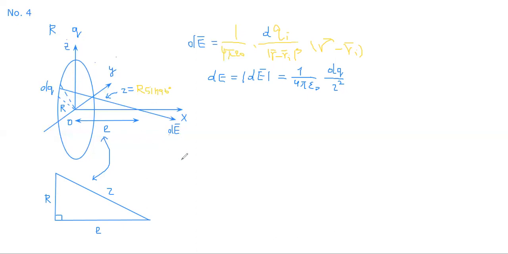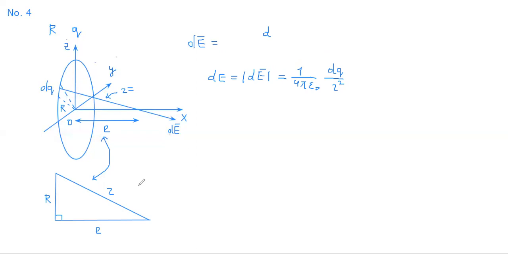We should divide R by sinus, and not 90 degrees. Let's use the Pythagoras theorem.